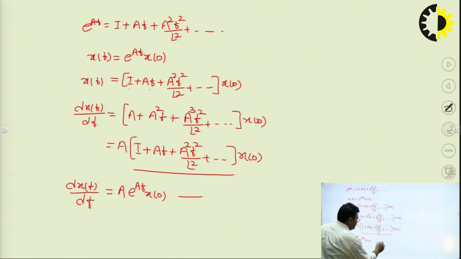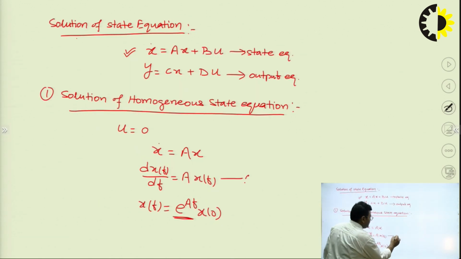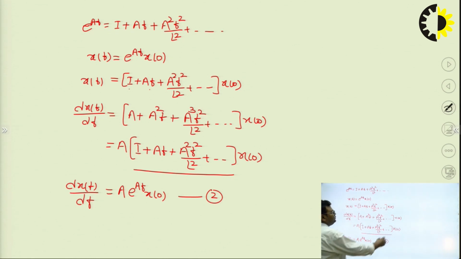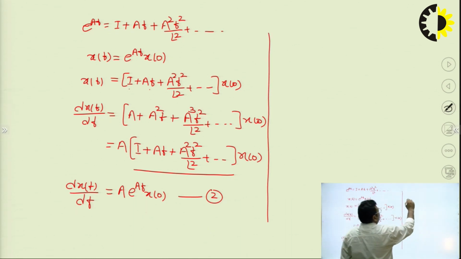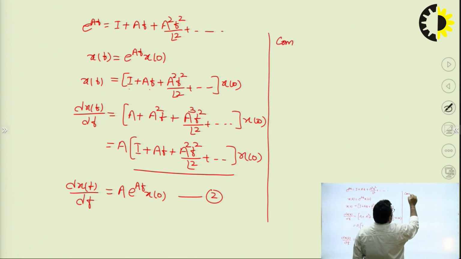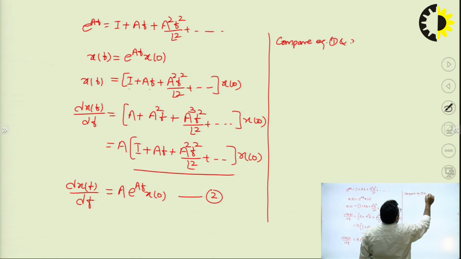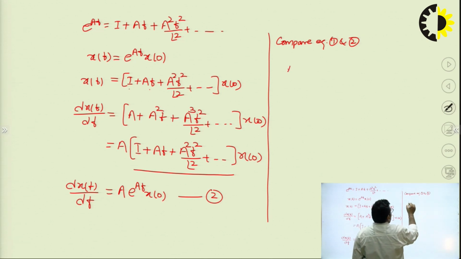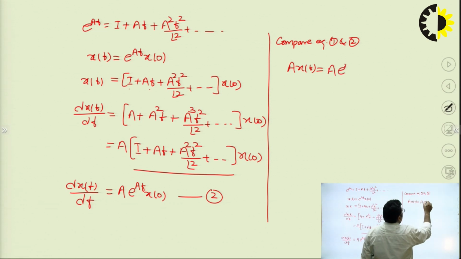If I assume this is my equation number 2 and the earlier one is equation number 1, and I compare these two equations, I will get A x(t) is equal to A e to the power At into x naught.